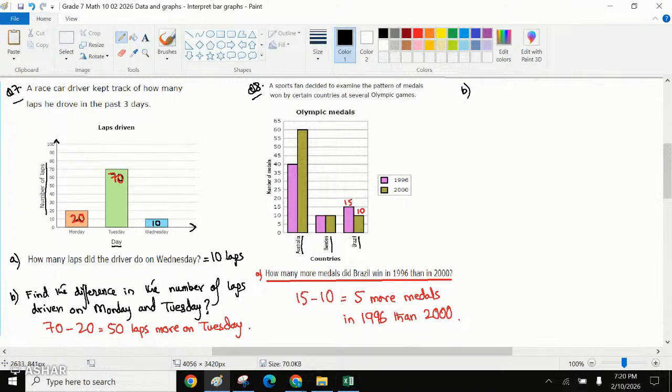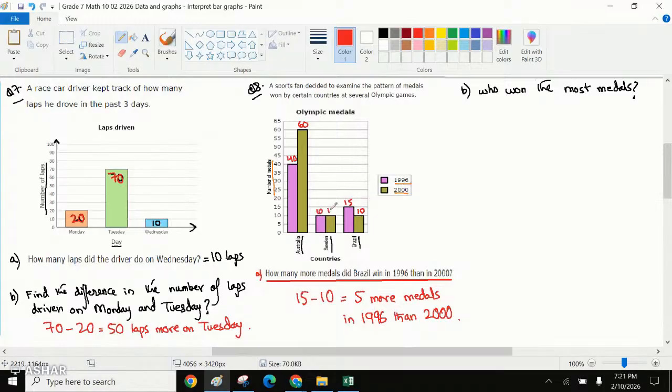Who won the most medals? Okay, so when we are talking about who won the most medals, we do not have a restriction of year, right? We do not have the restriction of the year. In this case, what we do is we find all the values. This was 40. Even by looking at the grid bar, we can say Australia did 40 and 60.